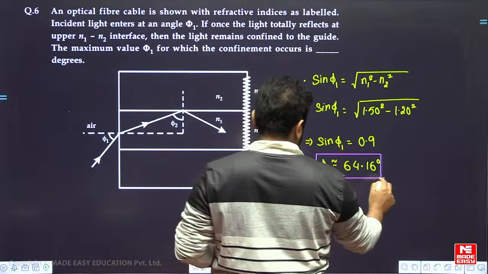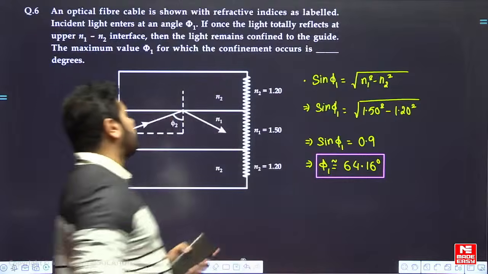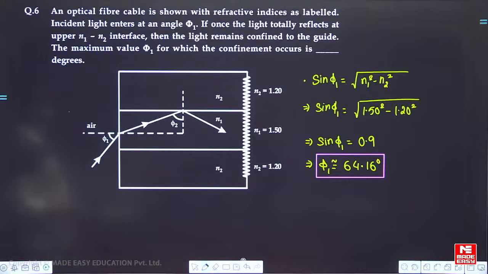So this should be the value. So this is a question from optical fiber cable, and this is nothing but your numerical aperture, right. So answer is your 64.16 degree, is it? Clear everyone? Yes, Ashish Kumar, correct answer.